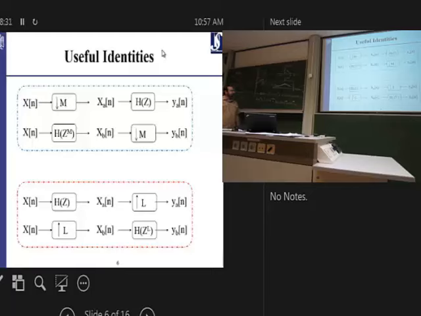Intuitively, it means that we have m minus 1 zeros padded to h of z samples. Do you get it? So if you add m minus 1 zeros between any two samples of h of z, it's just like you say h of z to the power of m. So h of z^m is the expanded version of h of z.